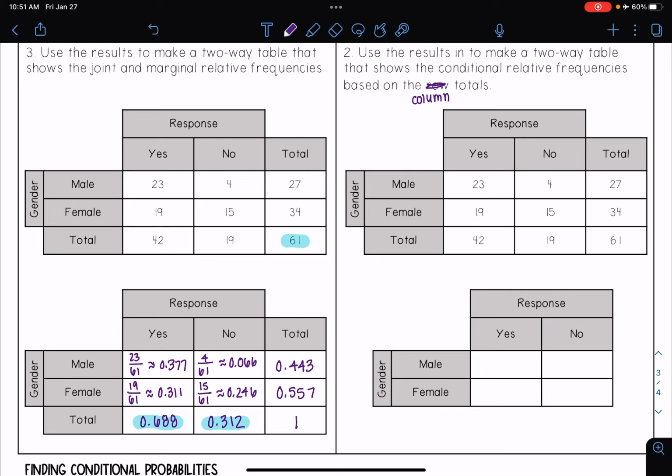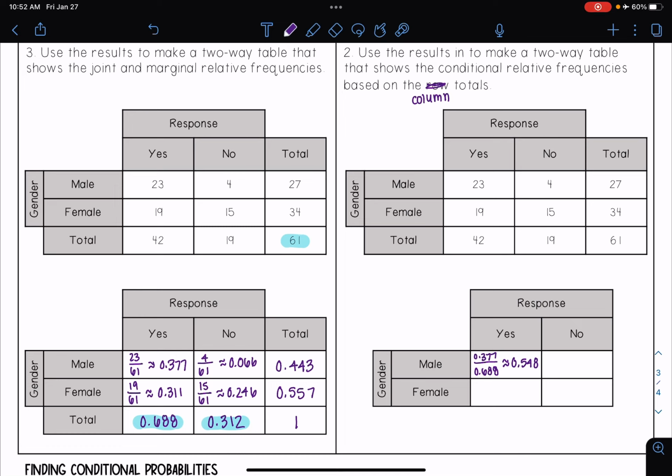So that first one was 0.377, and I'm going to divide that by the column total, which is 0.688. So when I do 0.377 divided by 0.688, I get approximately 0.548.